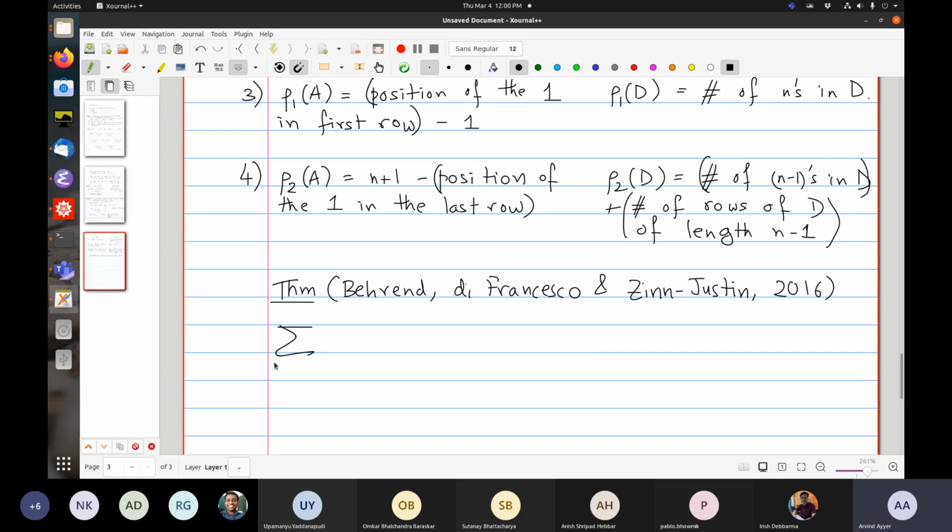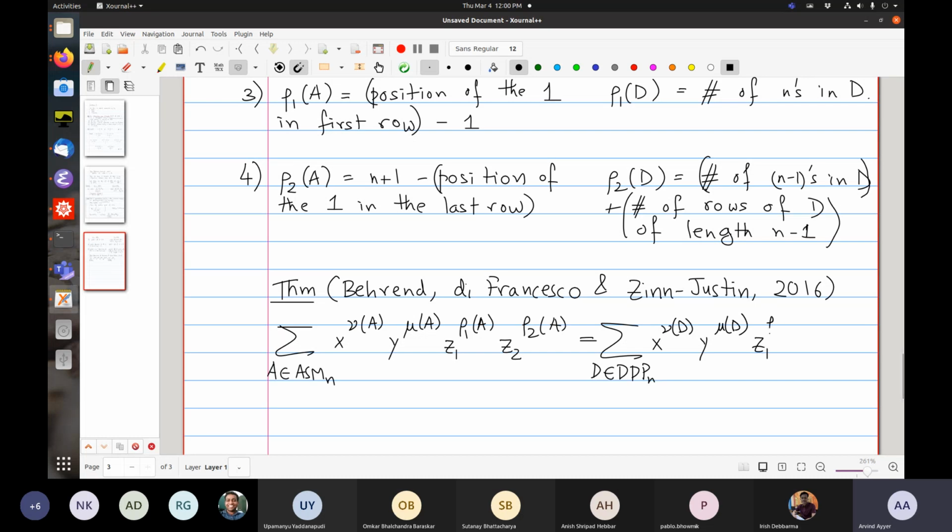The sum over A in ASM sub n of x to the nu of A, y to the mu of A, z1 to the rho 1 of A, z2 to the rho 2 of A is equal to the sum over D in DPP of n, x to the nu of D, y to the mu of D, z1 to the rho 1 of D, z2 to the rho 2 of D.